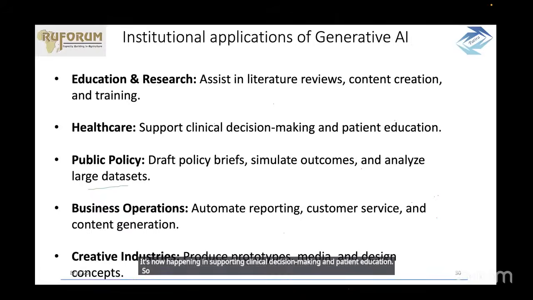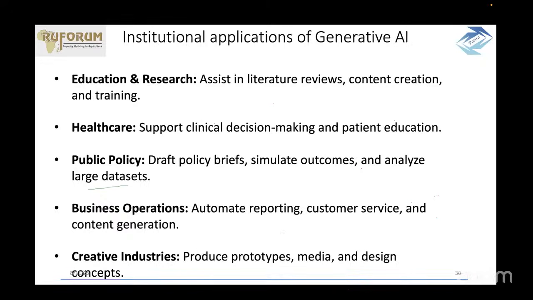Six months ago, they did some research, some experiment in the US. They compared the performance of doctors and Gen AI. Gen AI outperformed doctors, really, in most of the tasks that were given to them.